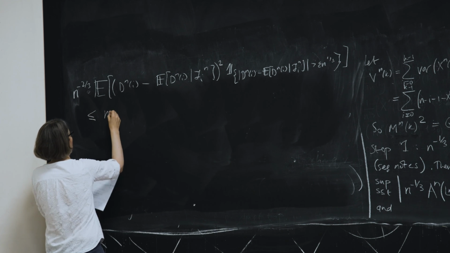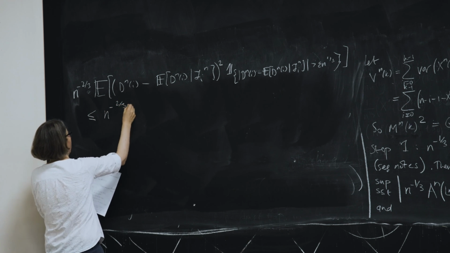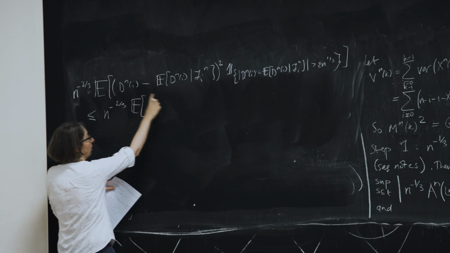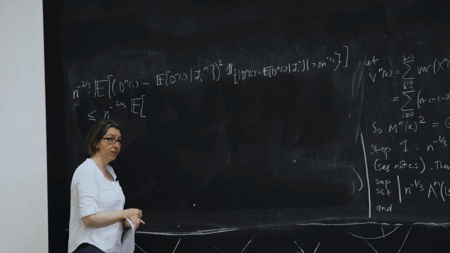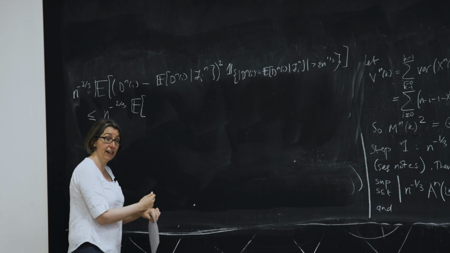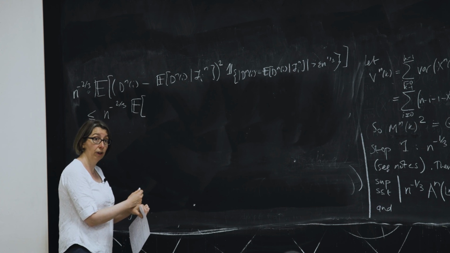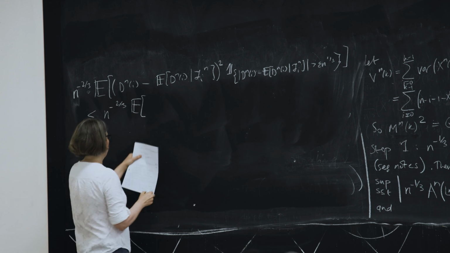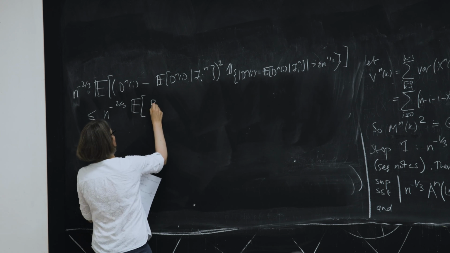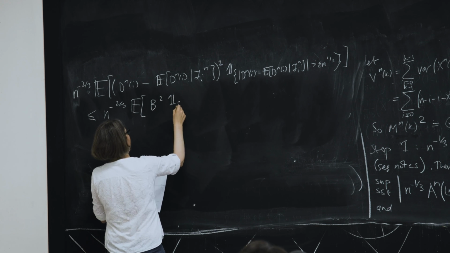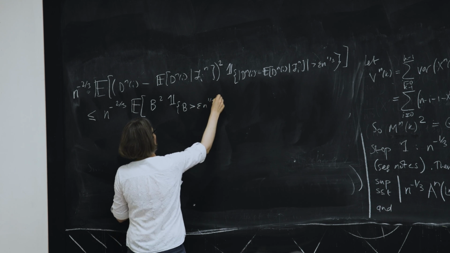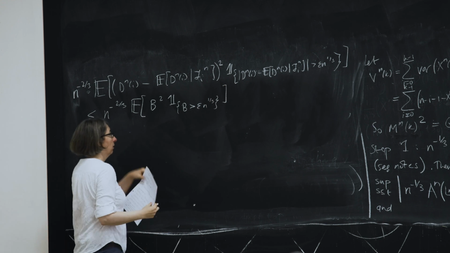I can bound this above by n to the minus 2/3 times the expectation of, well, how is this event of getting big achieved? It's achieved by dn itself being large. Okay, and dn is bounded above stochastically by this b, so I can bound this whole thing above by the expectation of b squared on the event that b is bigger than epsilon n to the 1/3.